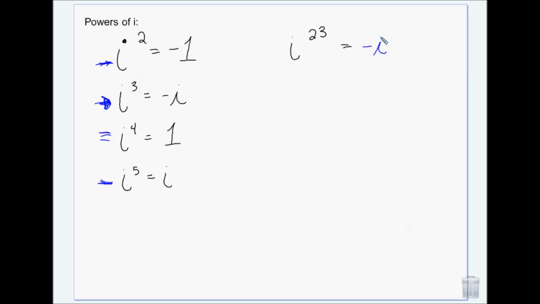So let's do i to the 28. Again, I'm at 5, so I'm going to go 6, 7, 8, 9, 10, 11, 12, 13, 14, 15, 16, 17, 18, 19, 20, 21, 22, 23, 24, 25, 26, 27, 28.